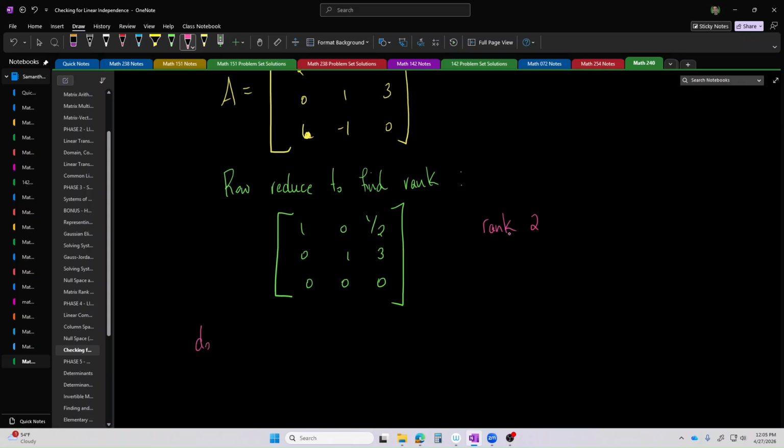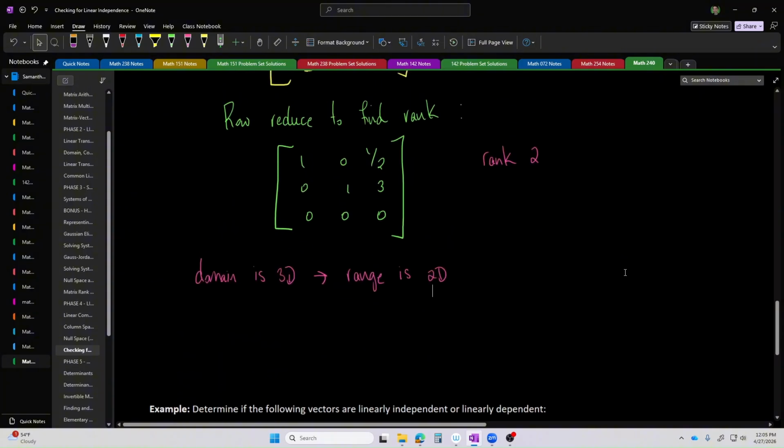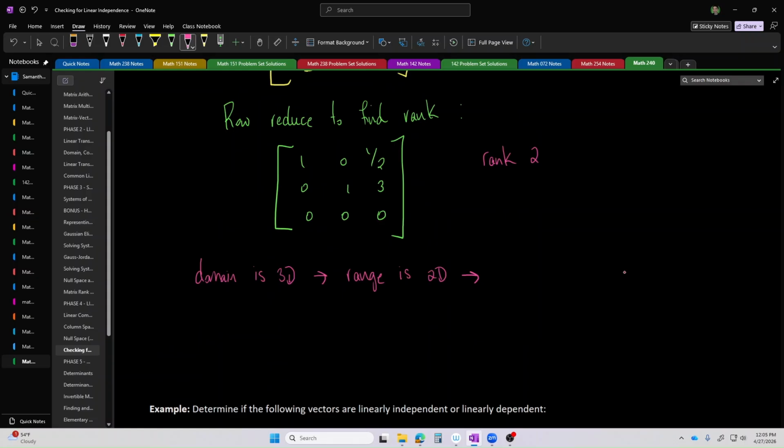The domain is three-dimensional because the matrix A has 3 columns, onto a range that is two-dimensional because the number of pivot columns, the number of essential columns, is only 2. So the difference between those is the dimension of the null space. The null space is going to be one-dimensional, which means that not only does the null space have a non-zero vector inside of it, the null space has an entire line worth of non-zero vectors inside of it.